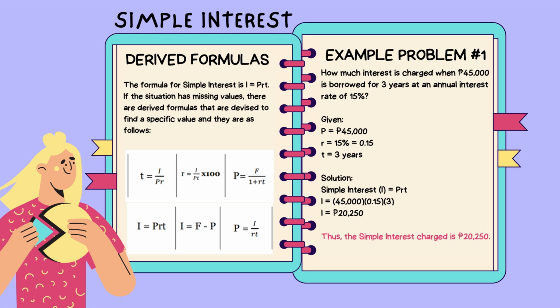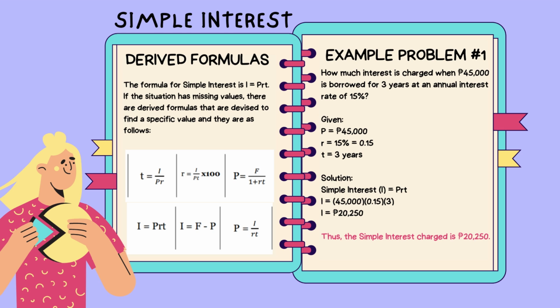If the situation has missing values, there are derived formulas that are devised to find a specific value, as follows. Time is equal to the simple interest all over the principal amount times the rate of interest. The rate is equal to the simple interest all over the principal amount times time, times 100.